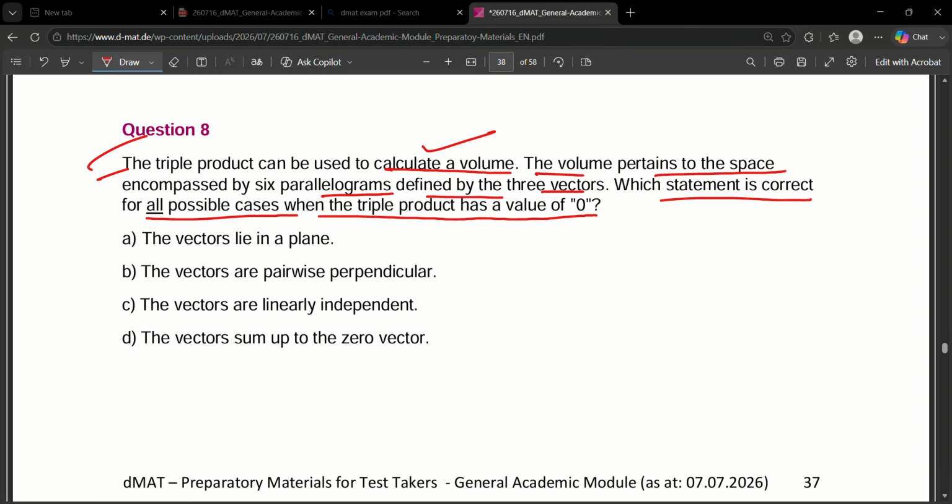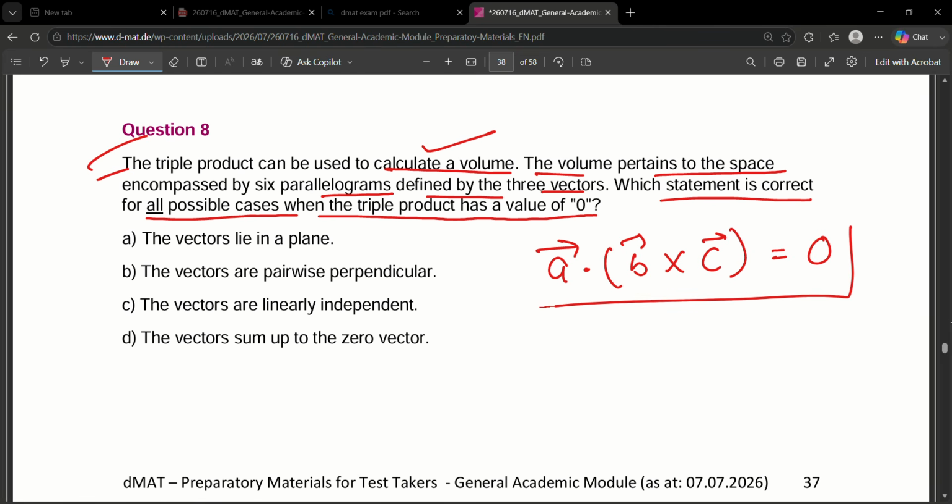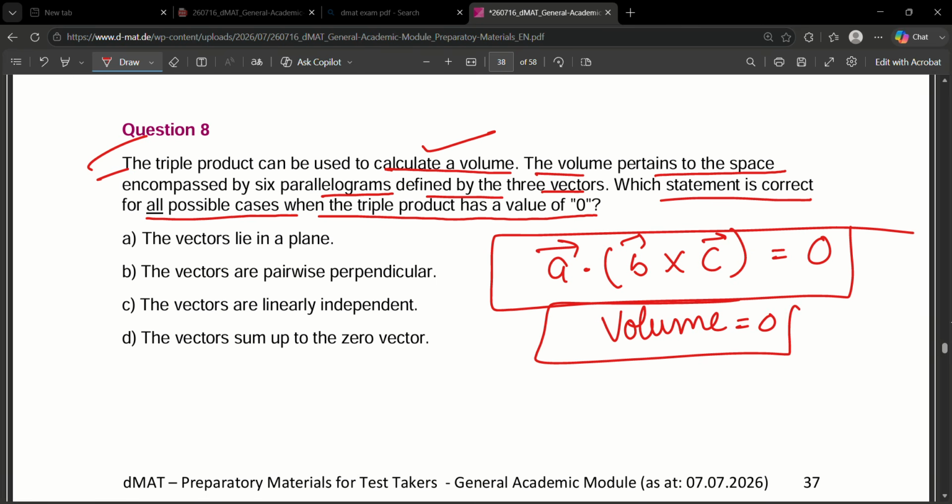One thing that you have to remember is that the triple product is this, and they are talking about this being 0. The volume they are talking about, volume is 0, for that particular shape which has 6 parallelograms.